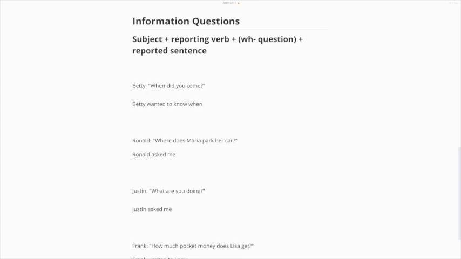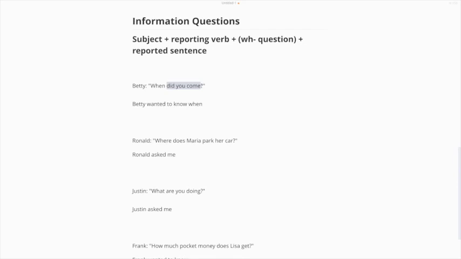And now, first, before we continue, we need to see what tense are we going to use. In the question that Betty said, we're using the simple past tense. Did you come? When did you come? It's a simple past tense. Remember, what is the past version of the simple past?